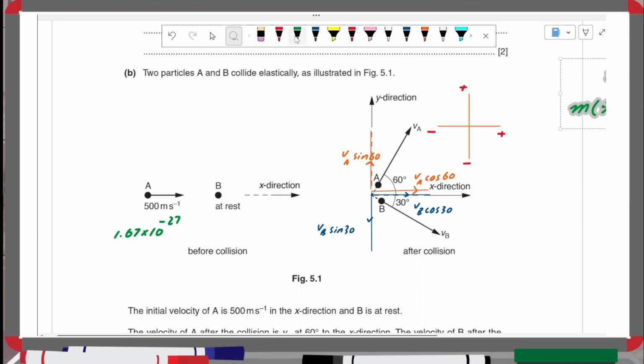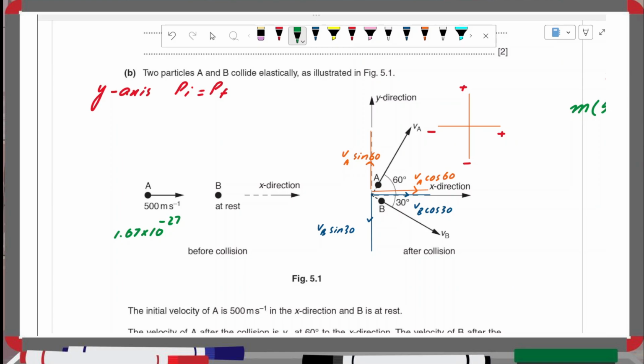Let's place it over there. Now let us write down the same equation for the law of conservation of momentum, but this time along the y-axis. So initial momentum, or the momentum before collision, equals the momentum after collision, but along the y-axis.